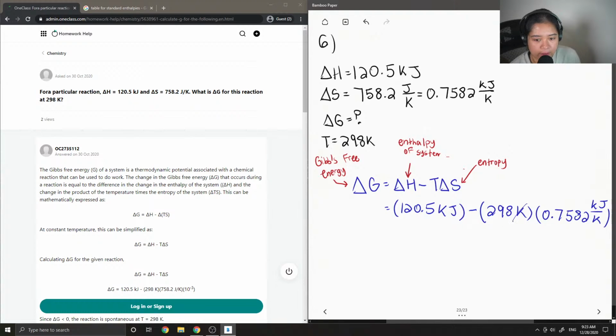So now our kilojoules should cancel out, and our Kelvin will cancel out, and we're left with our value in kilojoules, which is negative 105.44 kilojoules.